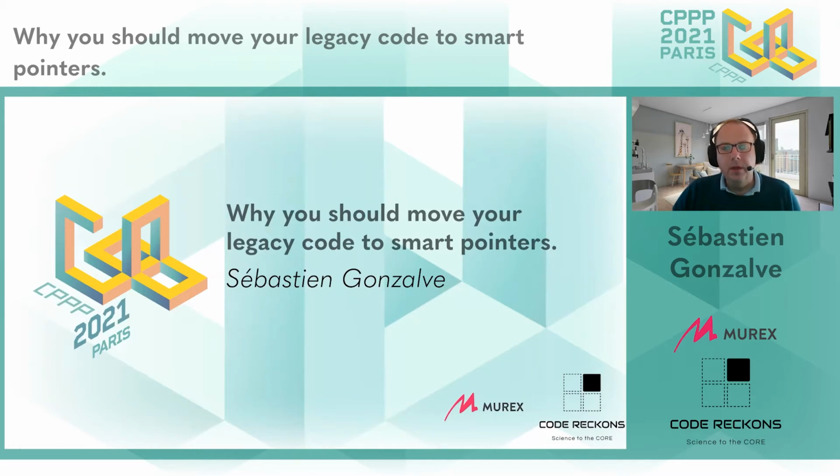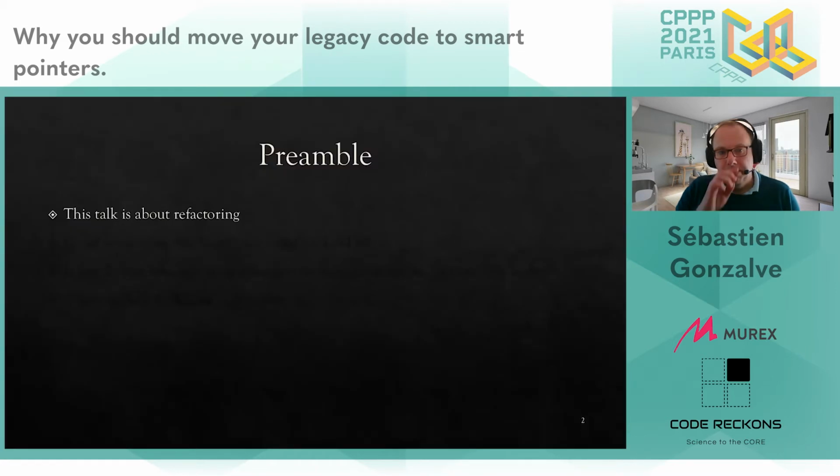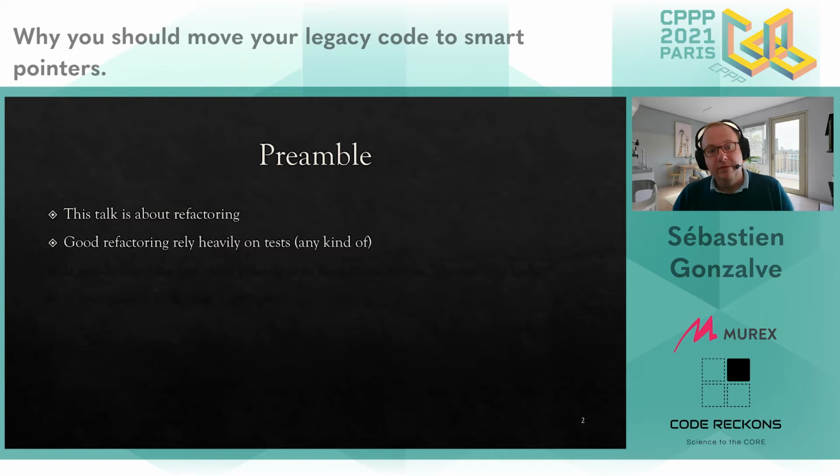So let's go. This presentation is about why you should move your legacy code to smart pointers. As a preamble, I want to say that this talk is about refactoring. Thus, if you want to have good refactoring, you have to have tests, anything that would do the task of checking for non-regression.